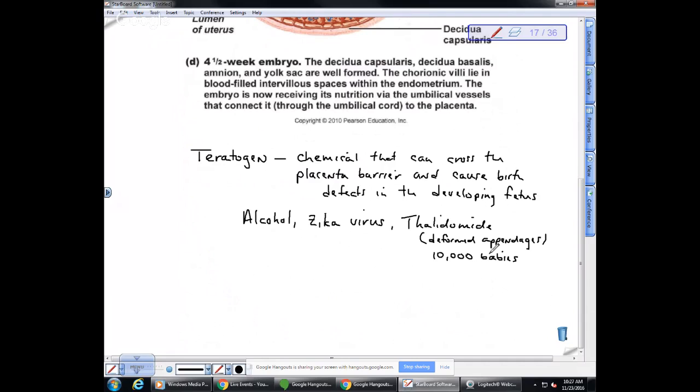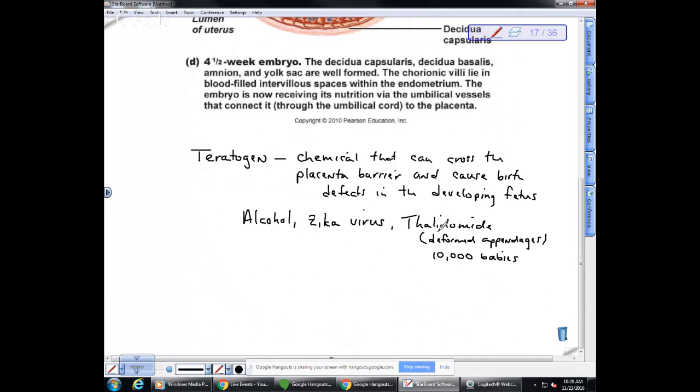And it was just a real horrible thing that happened, kind of similar to what is happening with the Zika virus. These people are normal mentally though, so they have the same mental capacity as a normal individual, just deformed appendages. So this was a big deal, and they banned thalidomide from being used ever again until recently when they wanted to start using it for cancer patients.